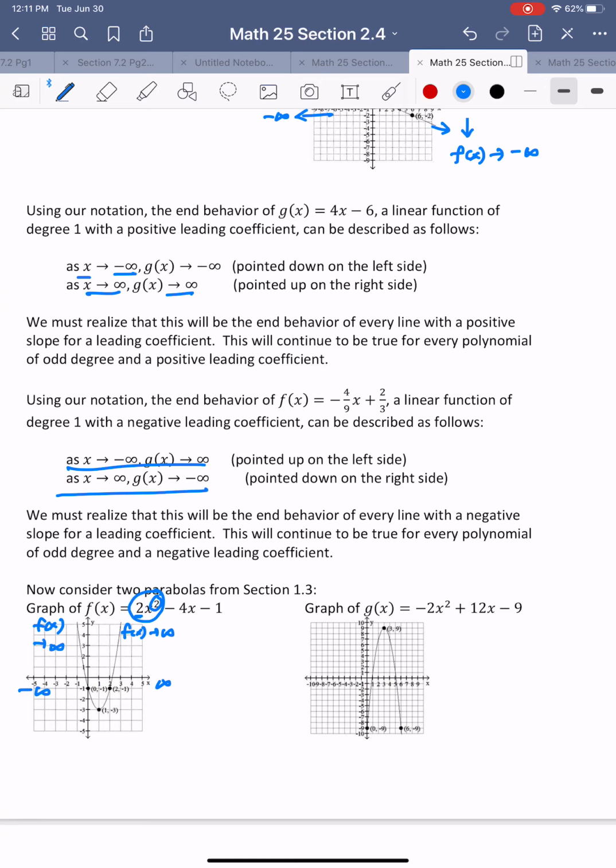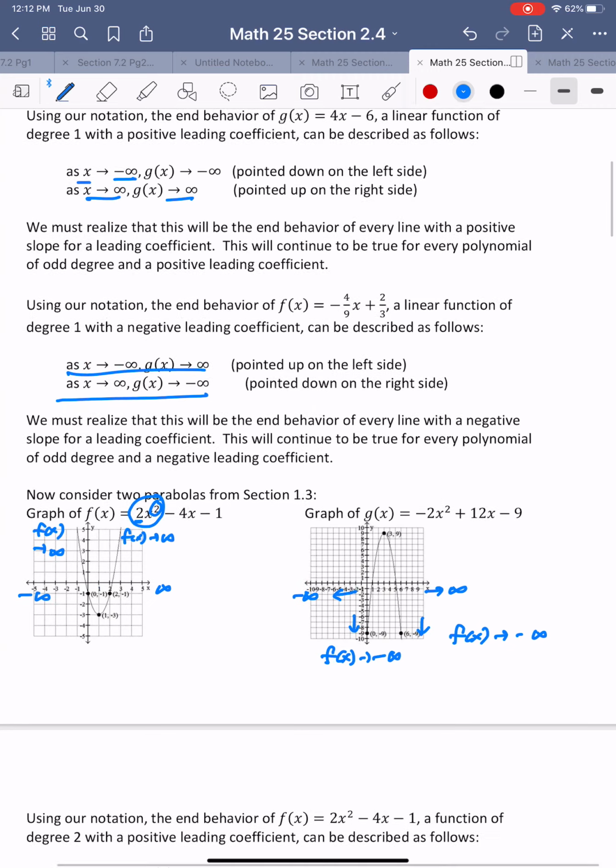Either way, f of x goes to positive infinity. This time, when x goes to negative infinity and down, f of x goes to negative infinity, and when x goes to positive infinity, also down, f of x also goes to negative infinity. So for a parabola, the end behavior goes in the same direction.